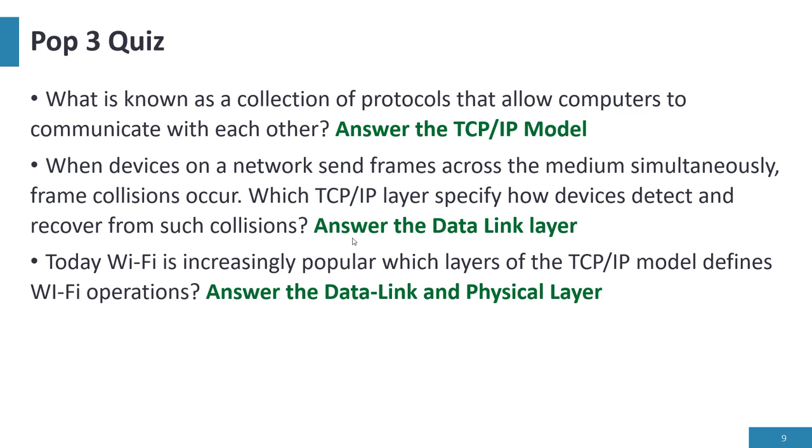Second question: when devices on the network send frames across the medium simultaneously, frame collisions occur. Which TCP/IP layer specifies how devices detect and recover from such collisions? The answer is the data link layer.